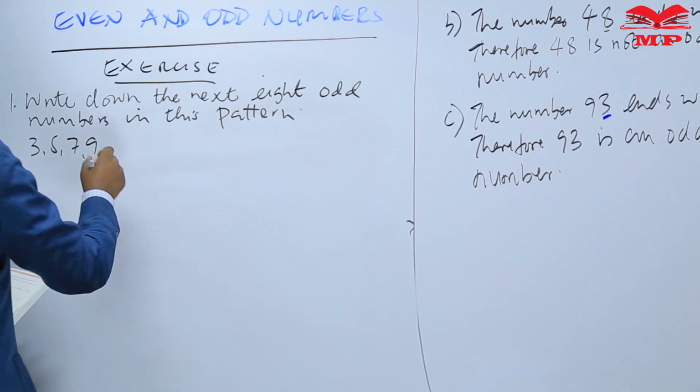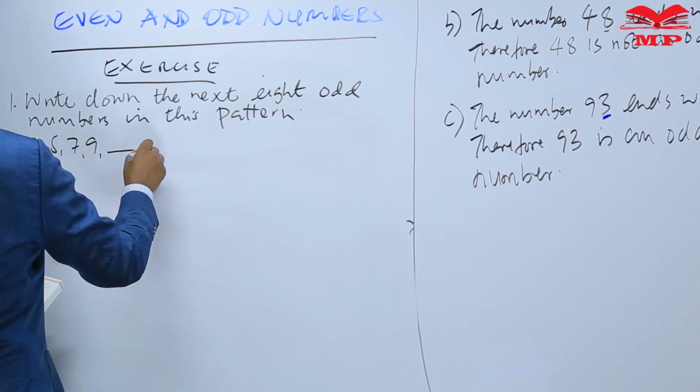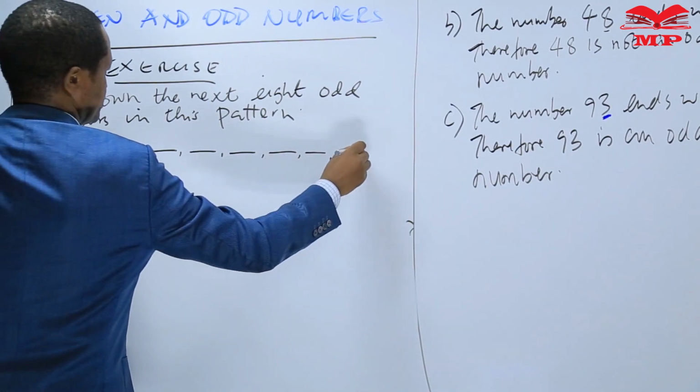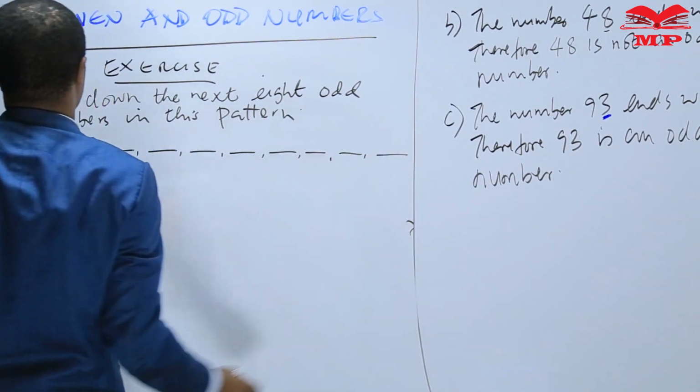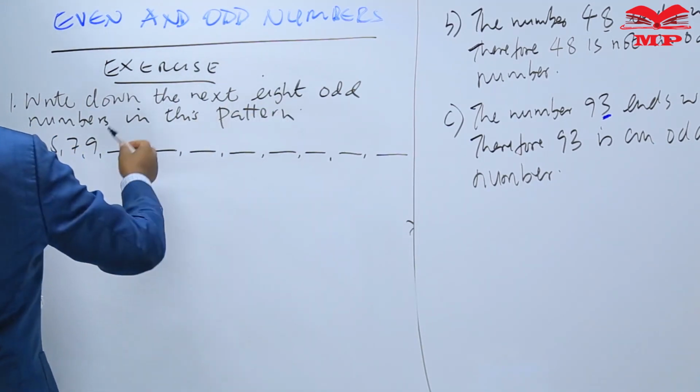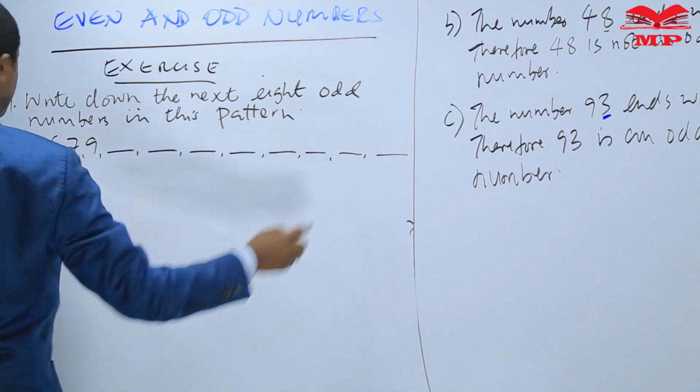So you write the next 1, 2, 3, 4, 5, 6, 7, 8. Write down the next 8 odd numbers. You will fill in these spaces.